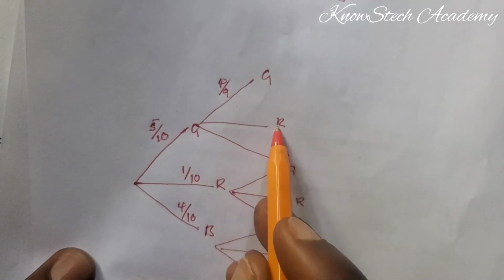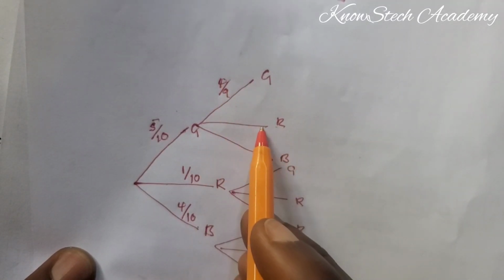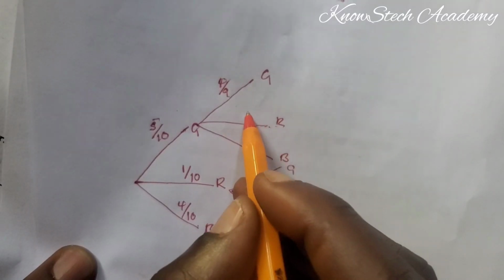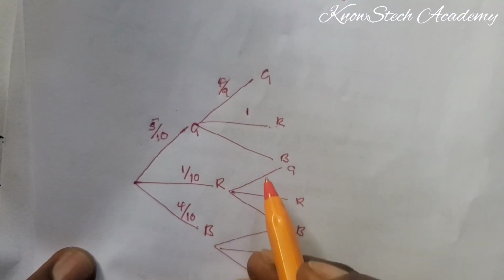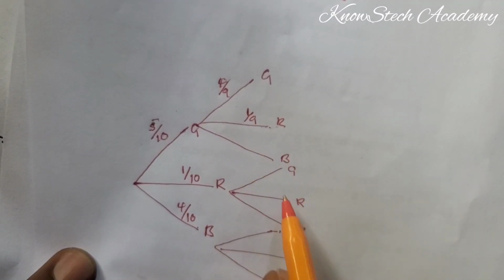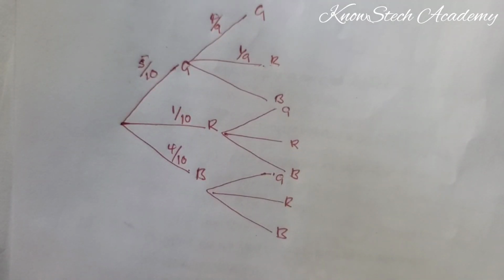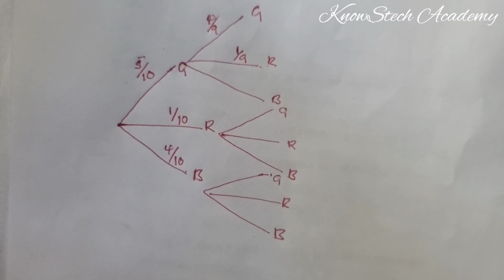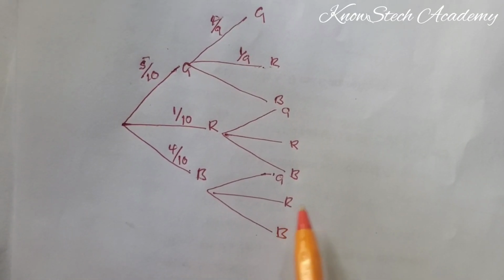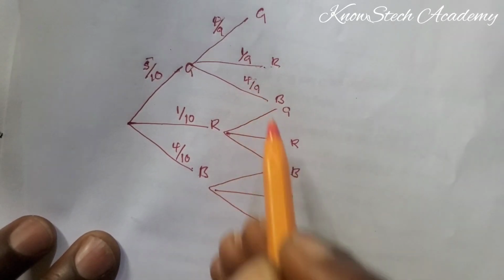Okay, how many red, if one green ball was not replaced, how many red balls do you remain with? It will still be 1. Okay, 1 over 9. All right, how about blue? Blue is still the same. It's the same situation. Blue is going to be 4 over 9.